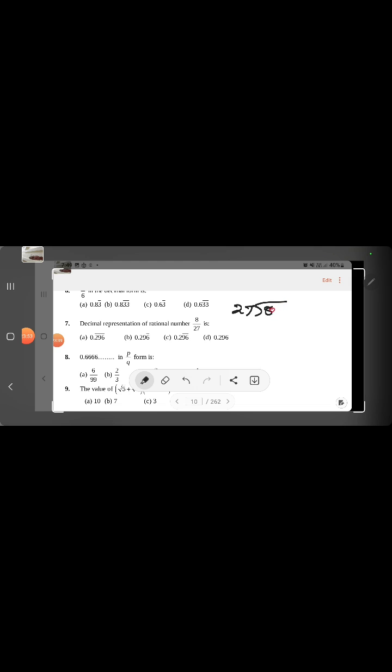You can see 8 is smaller than 27, put a decimal point and put 0. So this is 2 times, it is 54 and here 6, and 7 minus 5 is 2. Okay, then again 0.